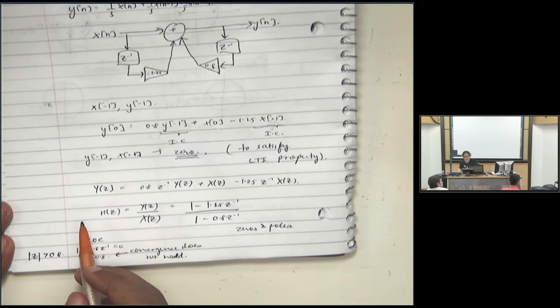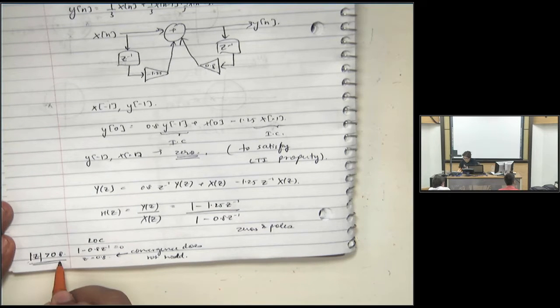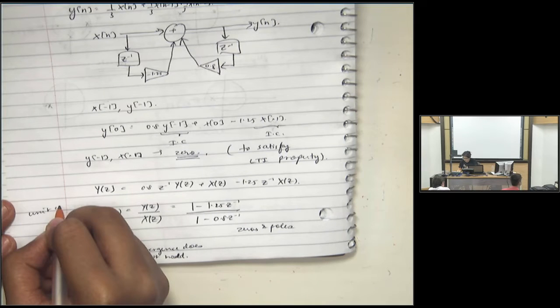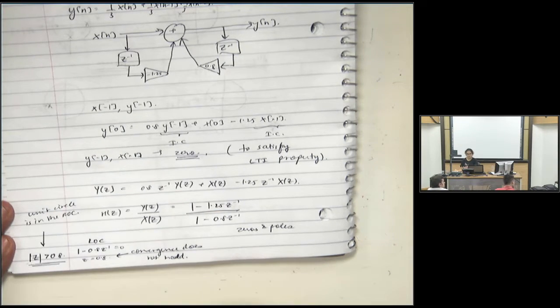If I keep it less than 0.8, my unit circle is not included in the ROC. Right? And what do we want? We want the unit circle to be in the ROC. Okay? So now my unit circle is in the ROC. Correct?